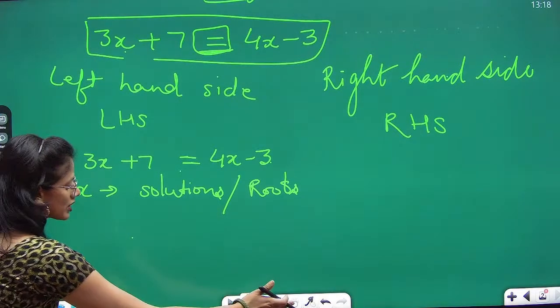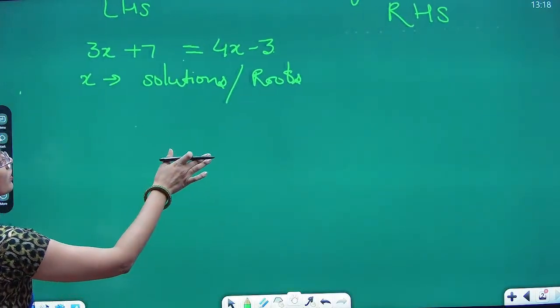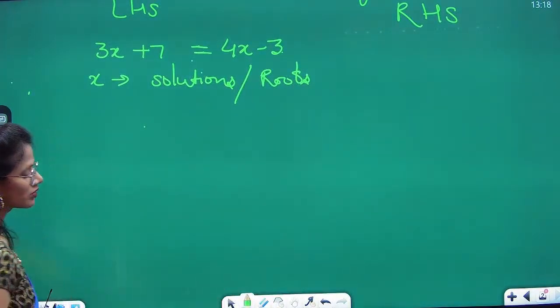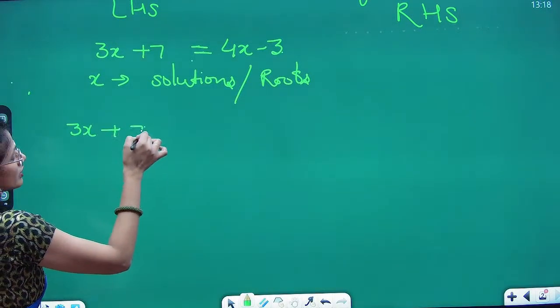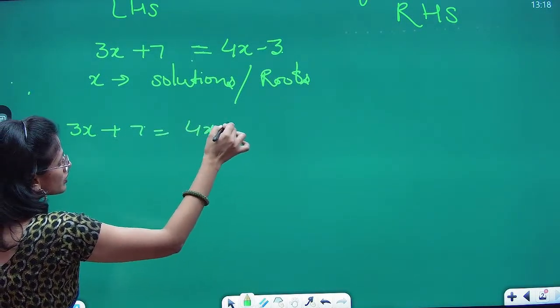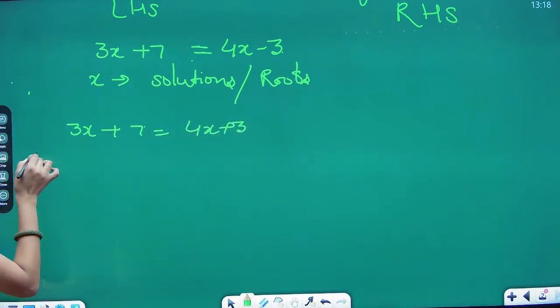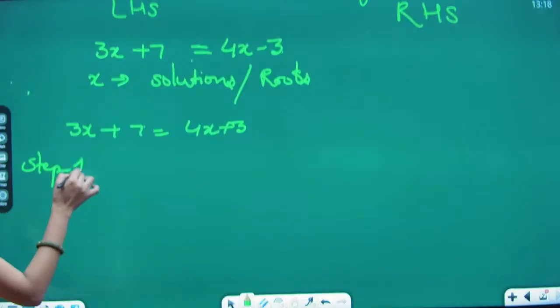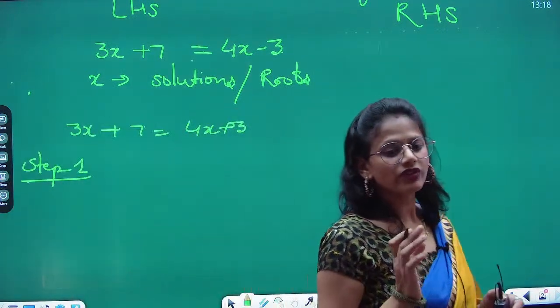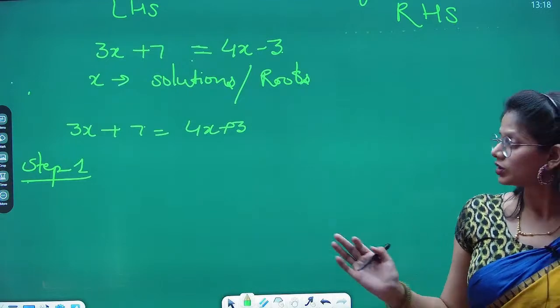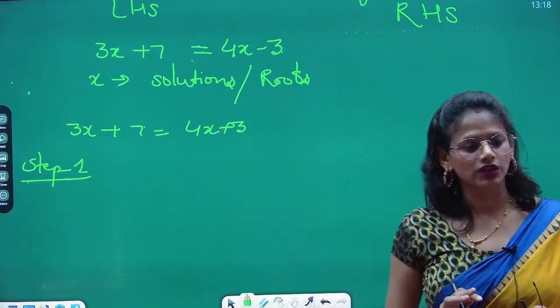And what are the steps involved in solving this, 3x plus 7 is equal to 4x minus 3? Step 1: firstly, try to take all the variables, all the unknown terms, to the left hand side of the equality.